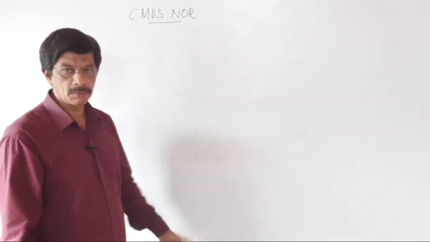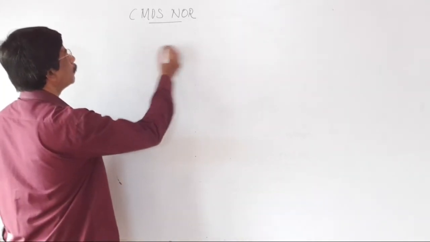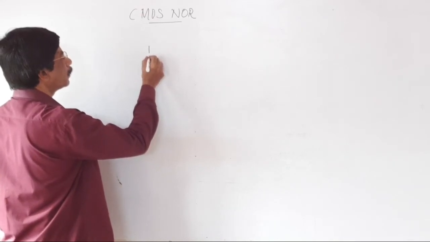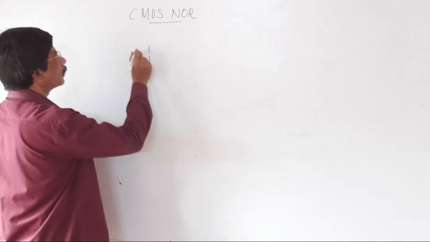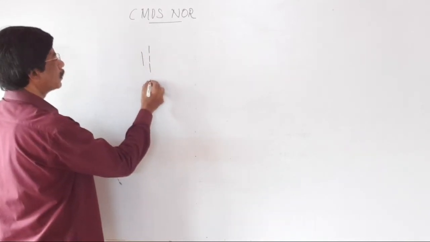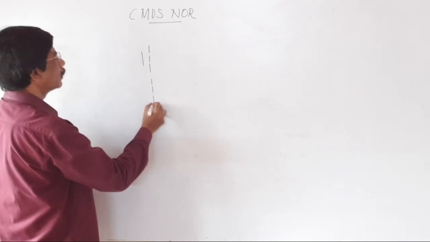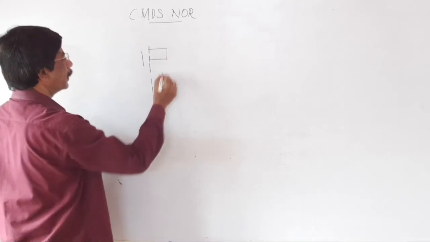Let's see what the circuit is. This is a PMOS: source, substrate, drain, gate, then source, substrate, drain. The substrate and the source are interconnected here.